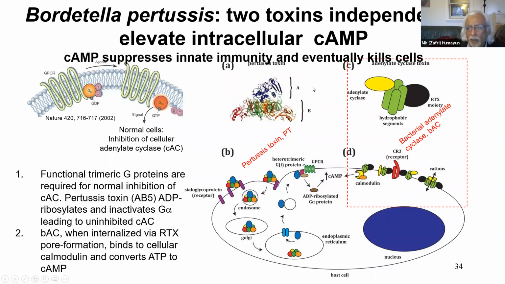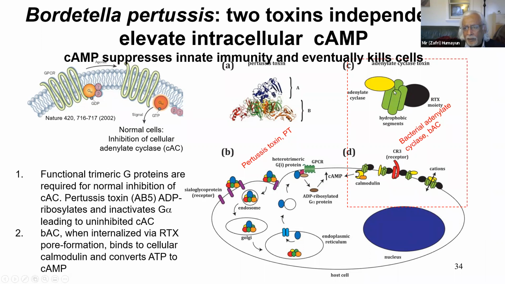And the function of the bacterial adenyl cyclase is shown in this part of the diagram. The adenyl cyclase toxin is shown here, which consists of a binding domain shown in green here and an activity domain shown in yellow here.